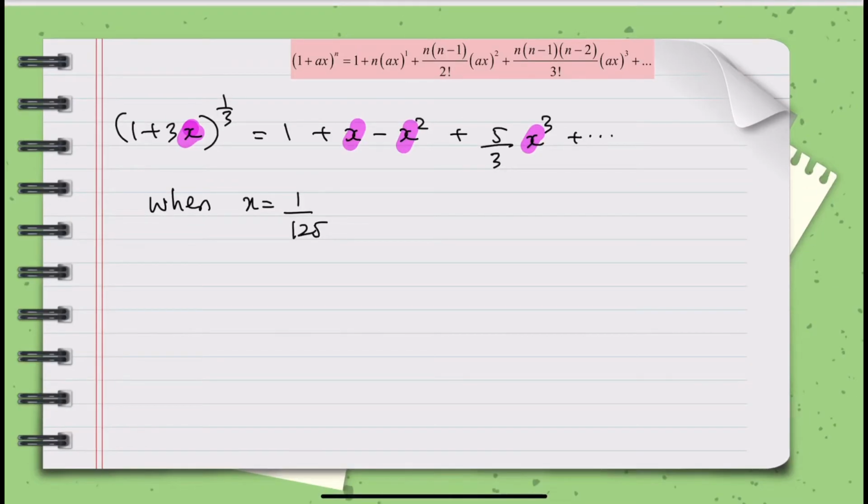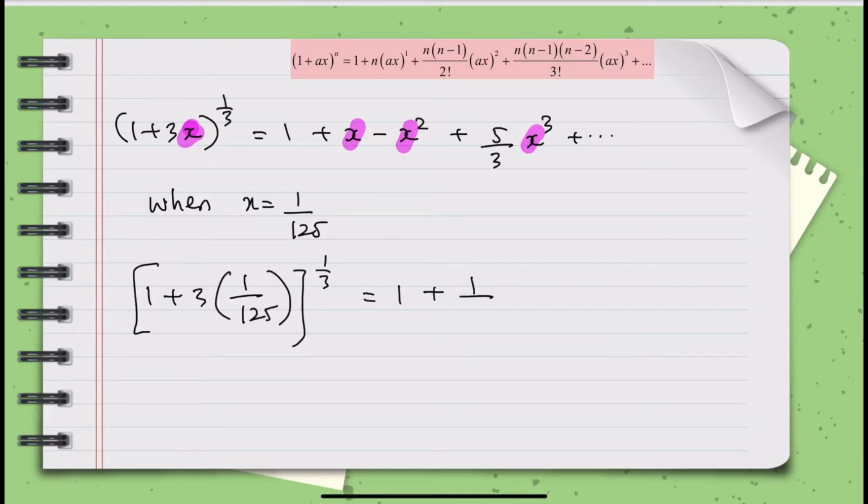Now, your expansion will be (1 + 3 × 1/125)^(1/3) = 1 + 1/125 − (1/125)² + 5/3 × (1/125)³.